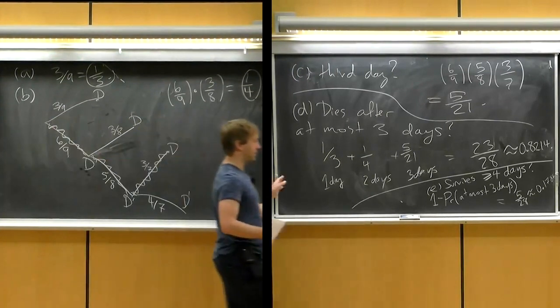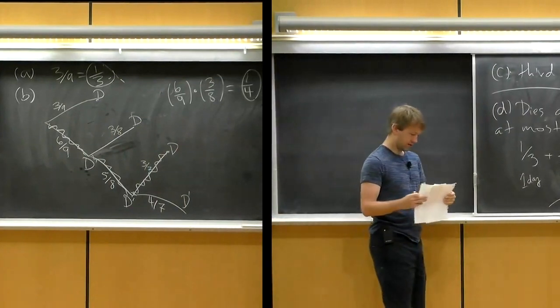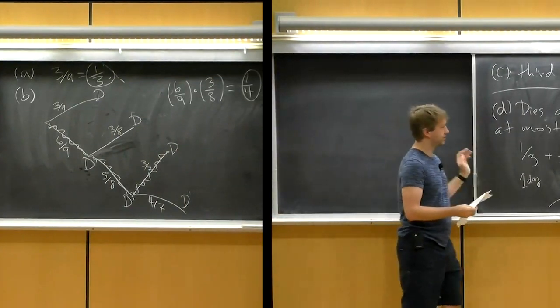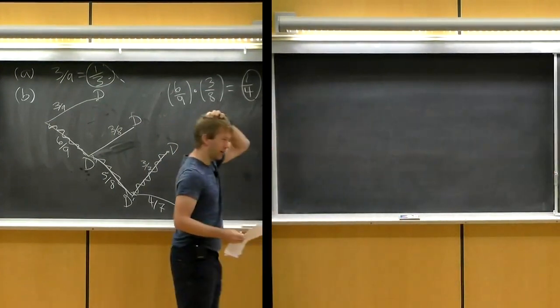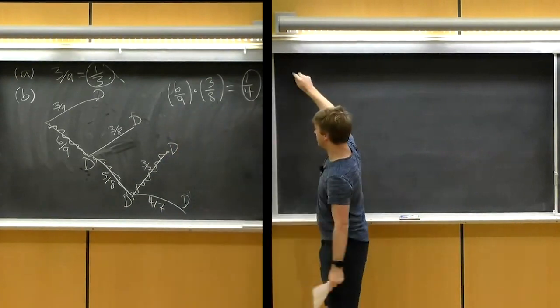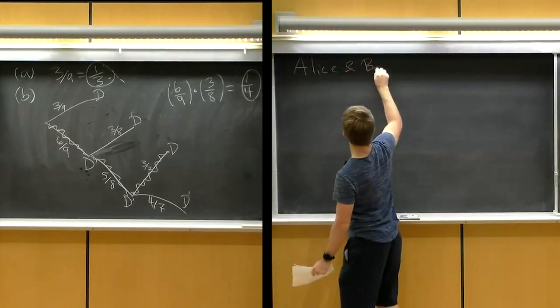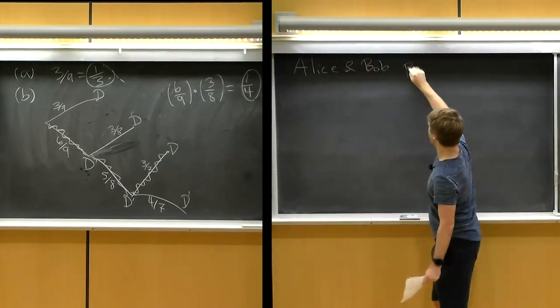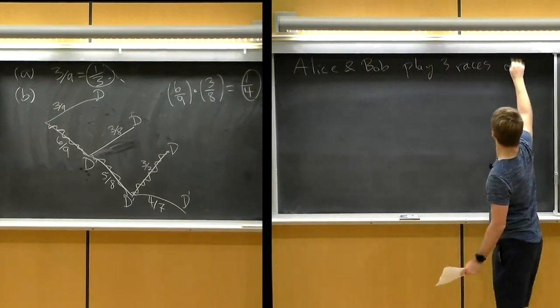All right, let's just keep doing examples. One more, I think, and then maybe this will be a trickier example. Not that much more tricky, but so let's say Alice and Bob play 3 races of Mario Kart.